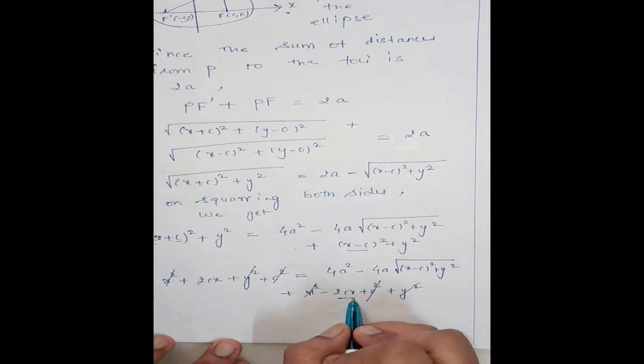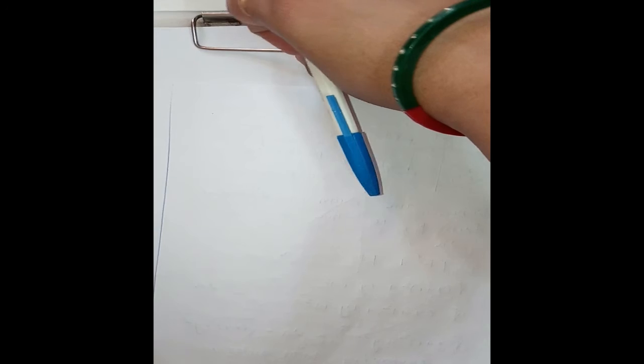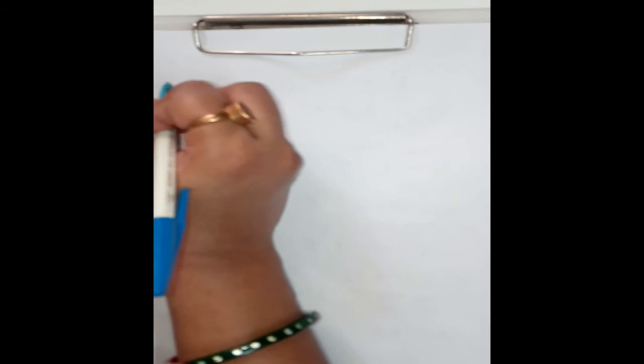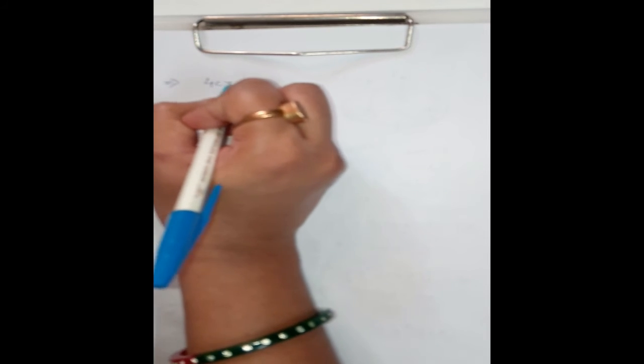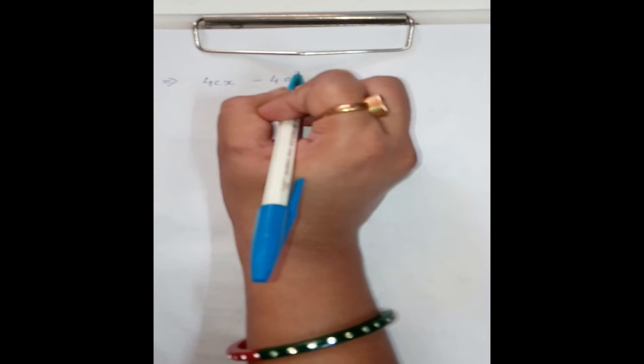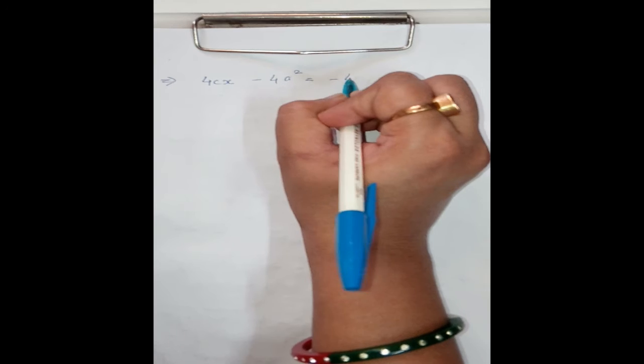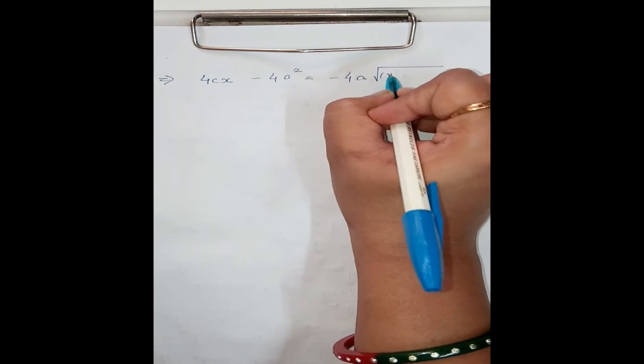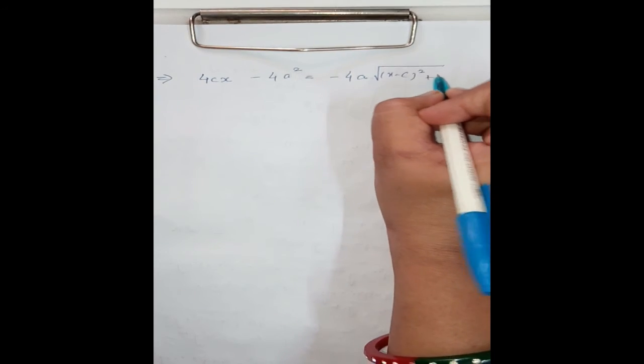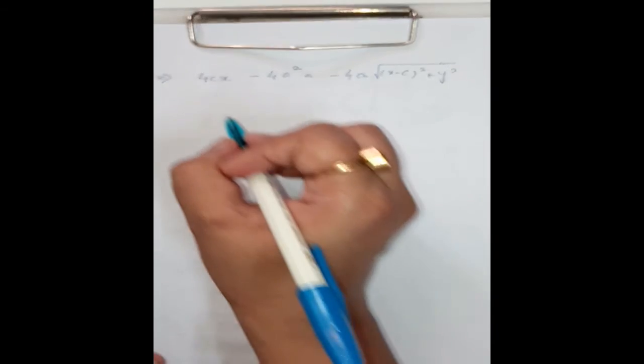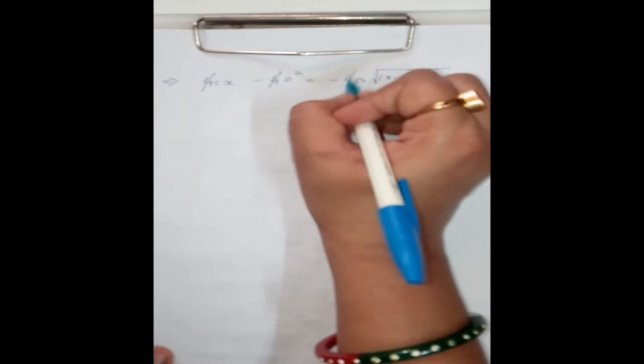So taking this to the left hand side, we get 4cx minus 4a square is equal to minus 4a into square root of (x minus c) whole square plus y square. Now this will get cancelled out.